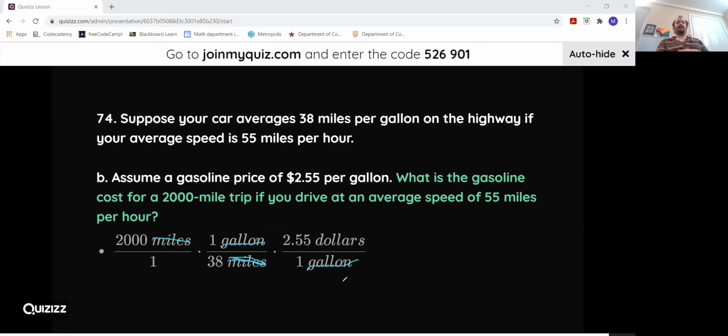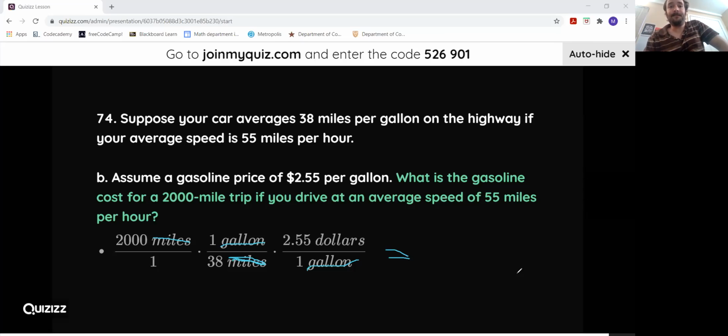And so I want to set my gallons up here and here so that they will simplify. So this should be giving me something in dollars. So what did I say? Was it 130.21? Something like that, 132.21, 123.21. I already forgot what number it was.